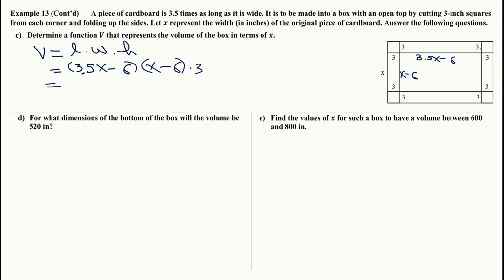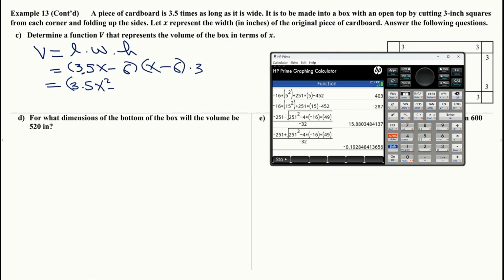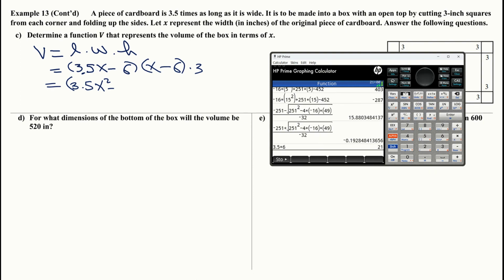So if we multiply that out, we get 3.5x squared minus, let's go ahead and bring our trusted friends. So we have 3.5 times 6, so minus 21. Now we're going to distribute. We just distributed the 3.5x.